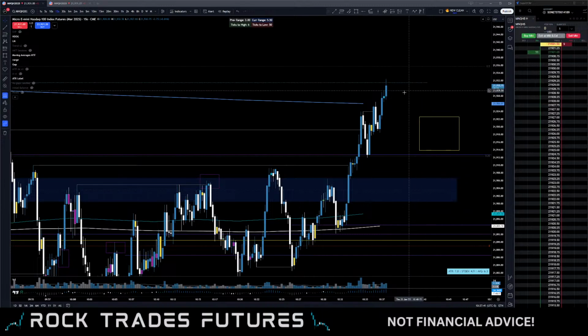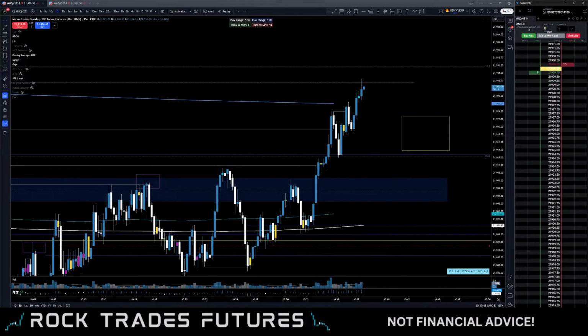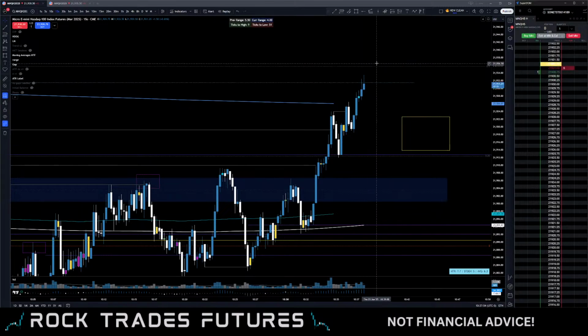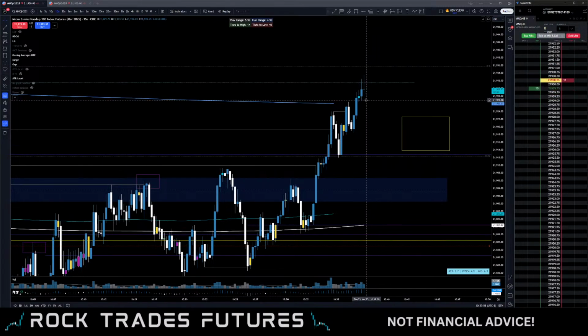Need to get me a microphone for this. All right, wick at the level. 50% of open range gap is a little too close, so I will need a very clean trigger here or there. Pretty clean.